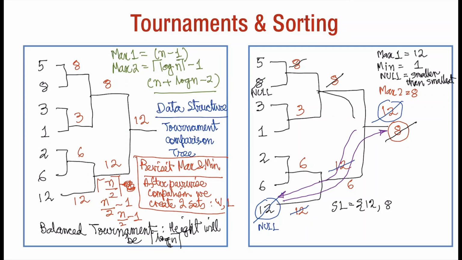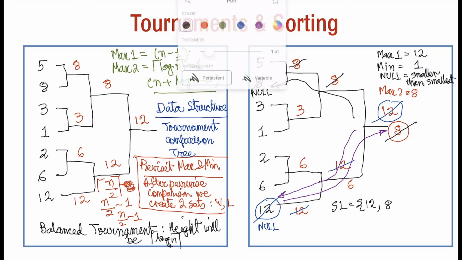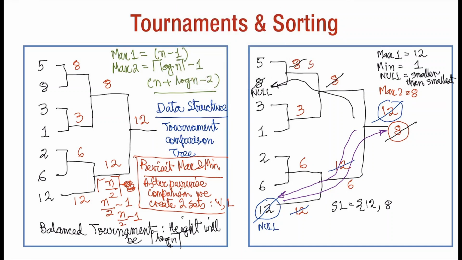Then again we retrace this path from bottom to top, and as you can see, the new comparison will be 5 here, and 5 and 6 will compare to give 6. And lo behold, we have got max 3. How many steps did we require? Again log n plus log n, one step down and one step up. So approximately log n steps were required to get the second max, the third max.